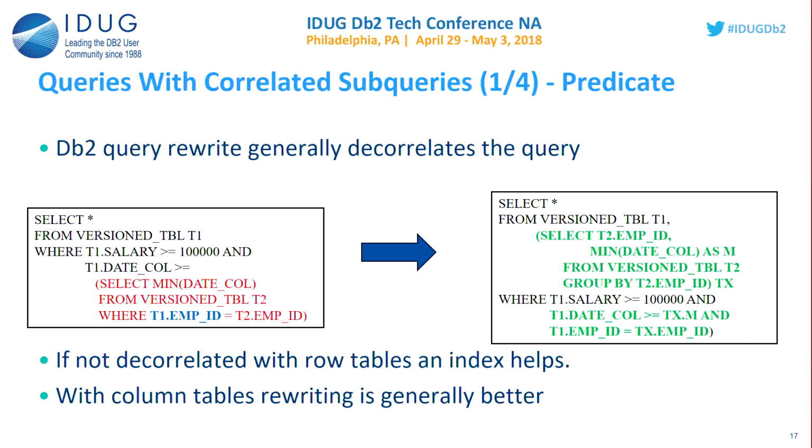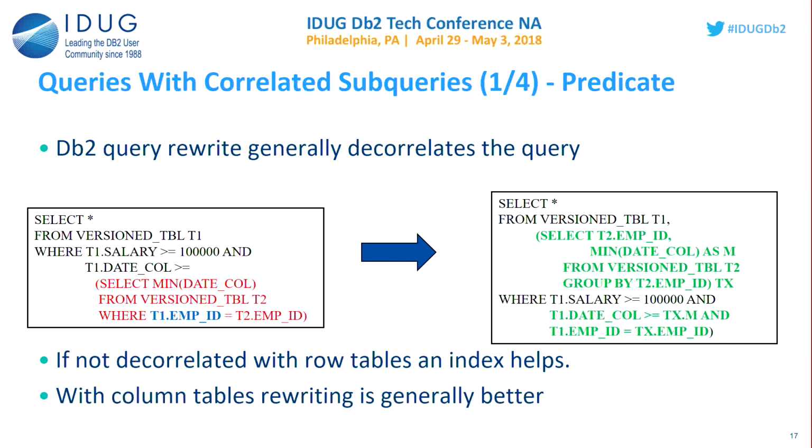You have a main query block dealing with T1, and you want to get all the rows in T1 which have the latest date. This is a version table, so you have a copy of the row for different versions. So you want to get the latest version.